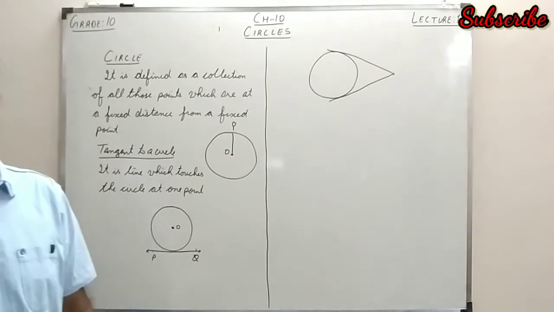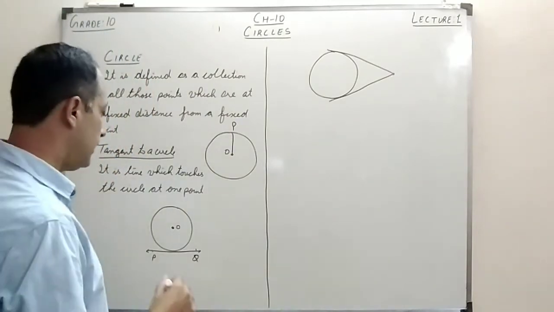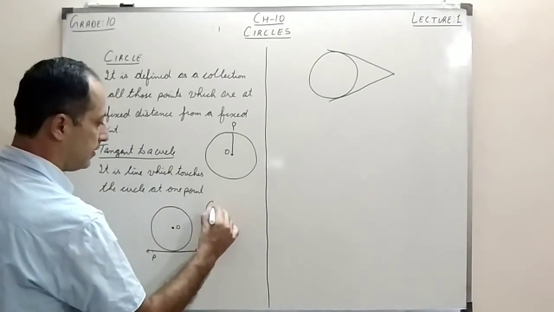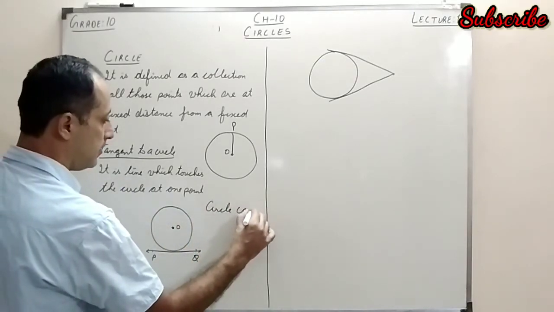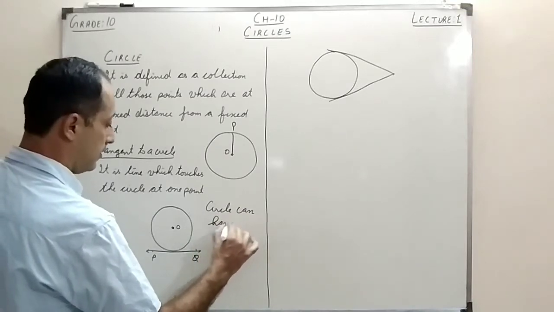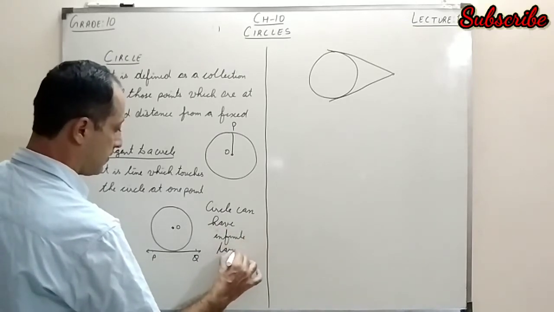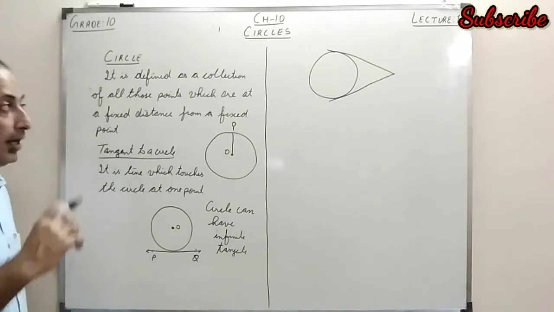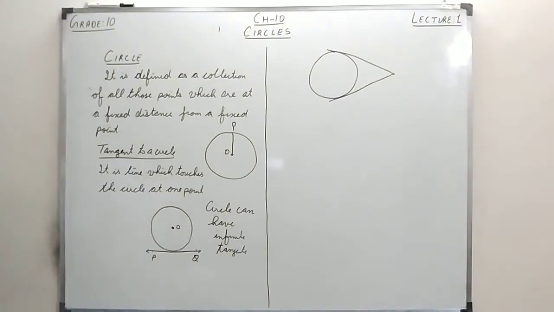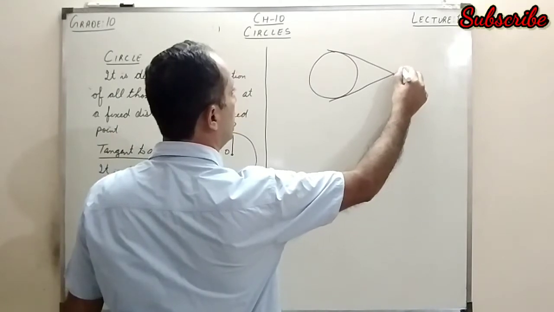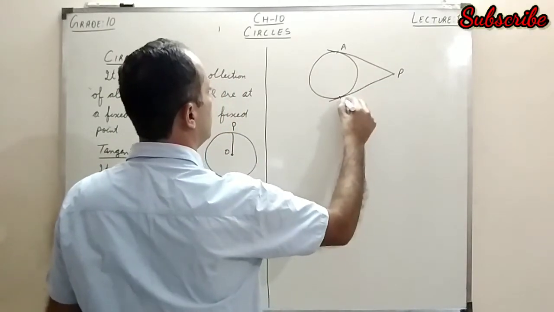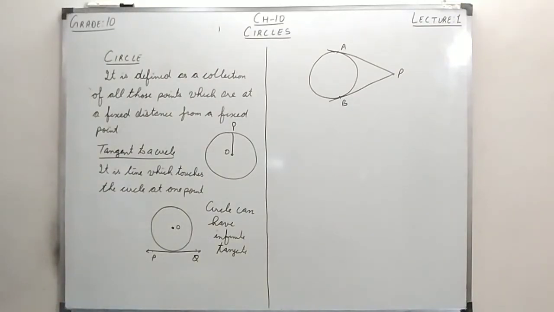A circle can have infinite tangents, but from a fixed external point we can draw two tangents. So if this is a point P, and this is A and this is B, we say PA and PB are the tangents from the point P, which is the external point on the circle.